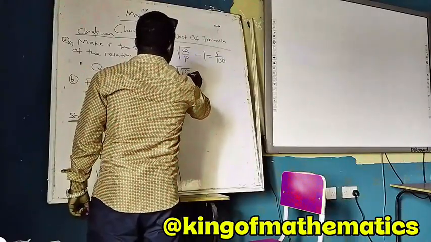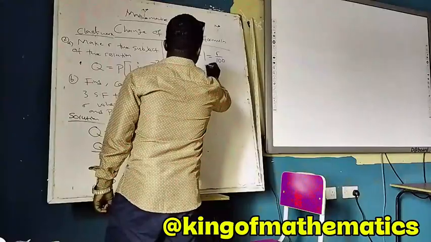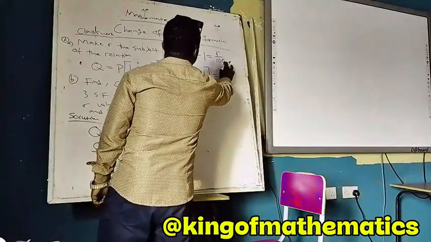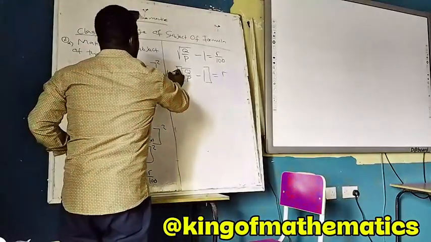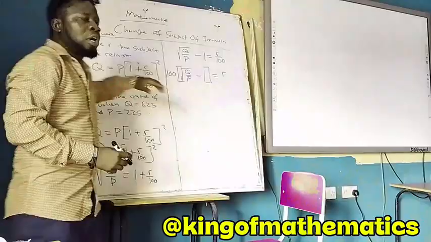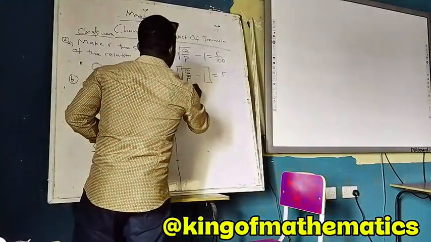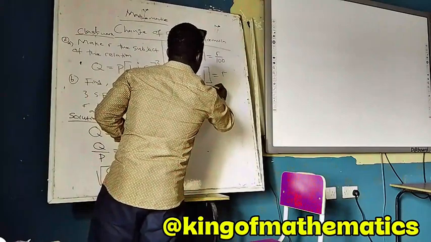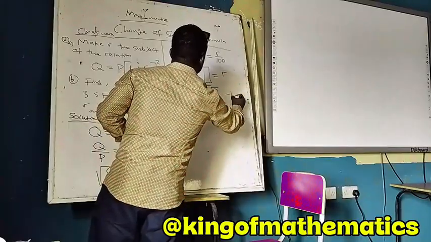Square root of Q over P minus 1 close bracket equals to R, but what is stopping this one? 100, and it's divided here, so it comes to 100 times. So that's our R. We are done with A. R is equal to 100 into bracket root of Q over P minus 1.